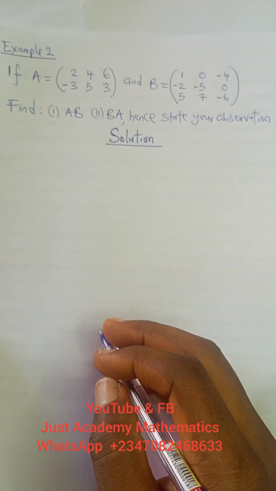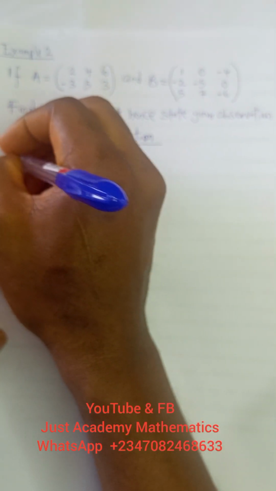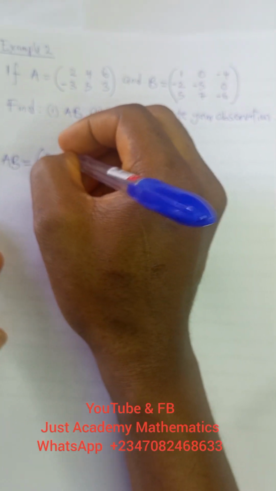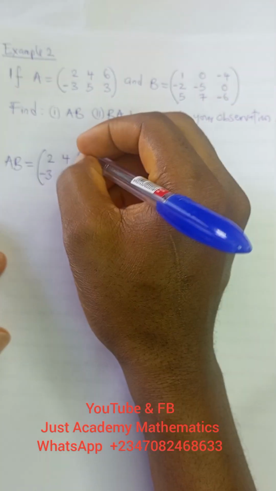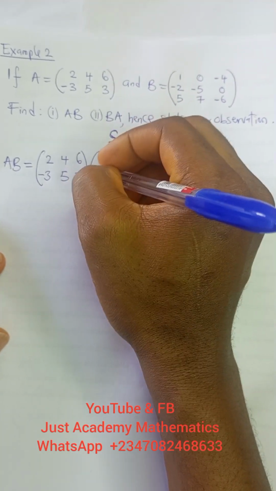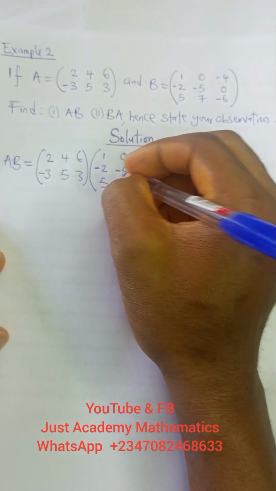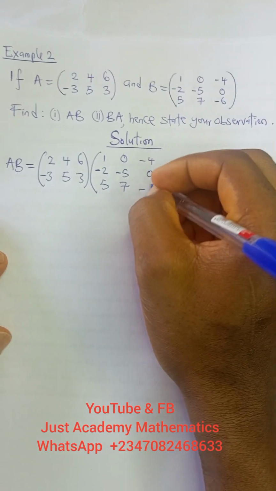Okay, so solution, we want to find A times B. AB is equals to matrix A, which is 2, 4, 6, minus 3, 5, 3, multiplied by B, which is 1, minus 2, 5, 0, minus 5, 7, minus 4, 0, minus 6.